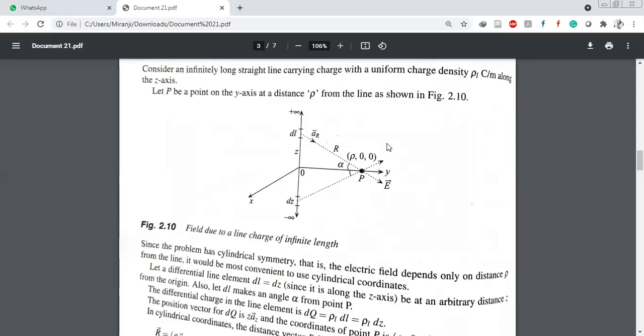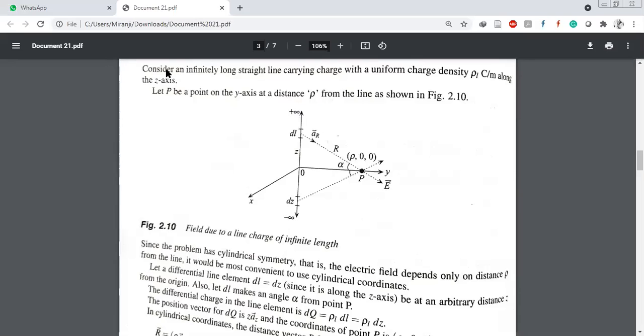Now my goal is, when we consider an infinite line, how much field strength is available at point P. That is the quantity I want to find out here.